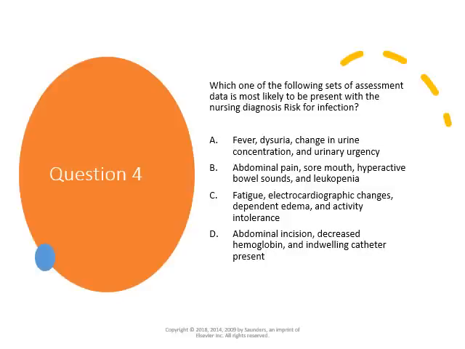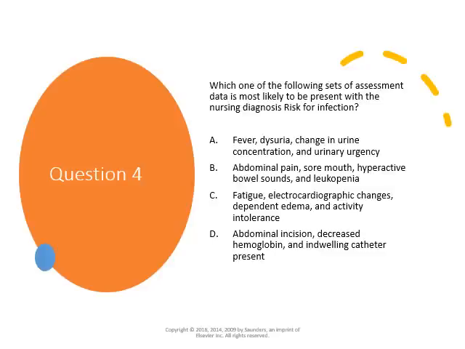Time for a brief question. Which of the following sets of assessment data is most likely to be present with the nursing diagnosis risk for infection? Is it A, fever, dysuria, change in urine concentration, and urinary urgency? Is it B, abdominal pain, sore mouth, hyperactive bowel cells, and leukopenia?